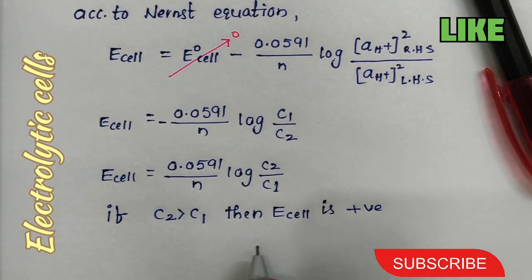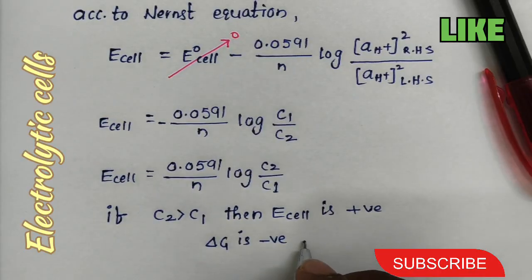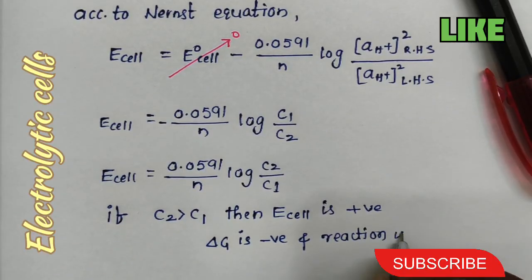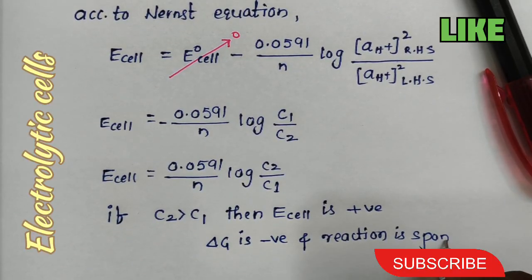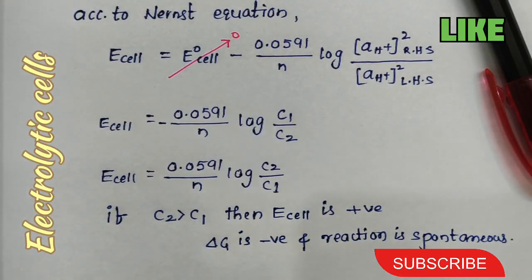If E cell is positive, what about the delta G case here? The delta G is negative. If delta G is negative, finally we can conclude the reaction is spontaneous. The reaction is a spontaneous reaction.